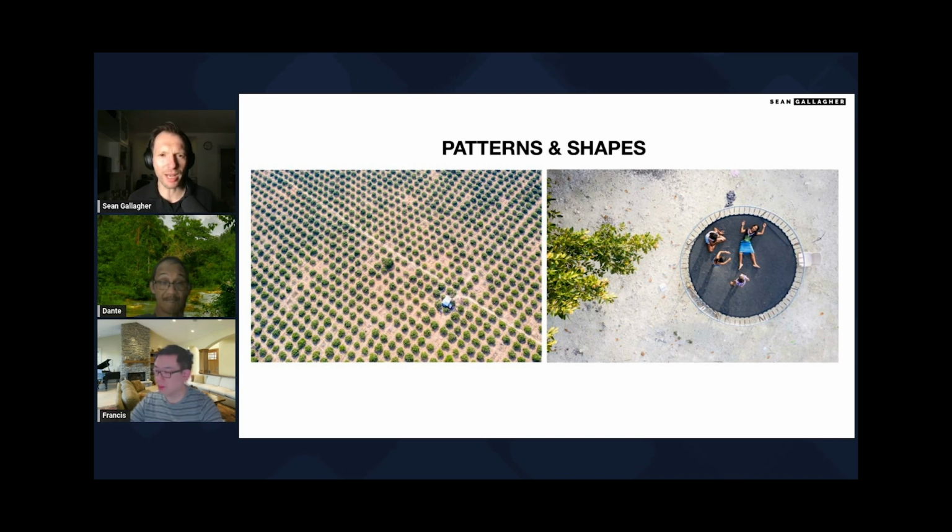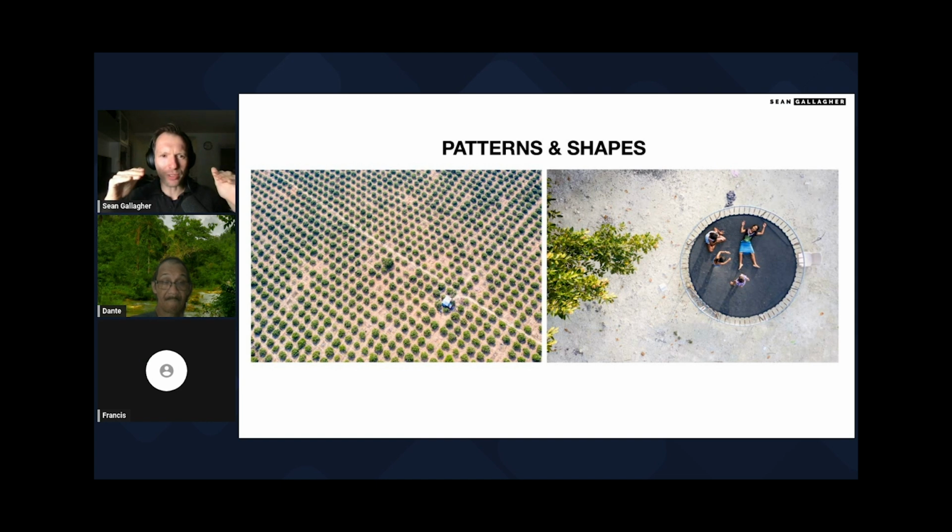So if you look at the image on the left, again, another drone shot, you could see that I'd focused in really tightly on this plantation and used the patterns of the bushes as the focus to make that impactful shot. And then on the right-hand side, you can see that I used the circle in the trampoline as something to draw your attention to and use those strong shapes.